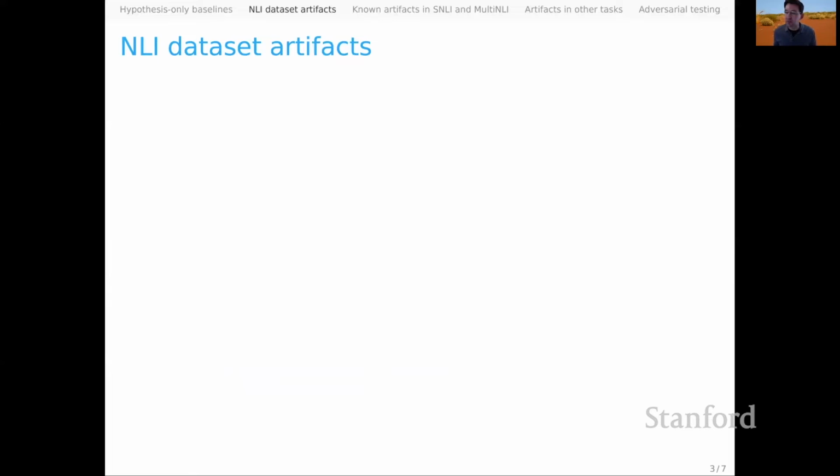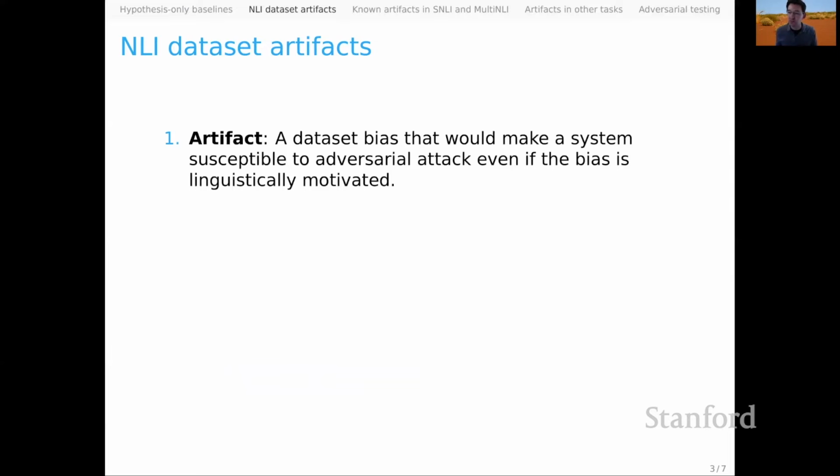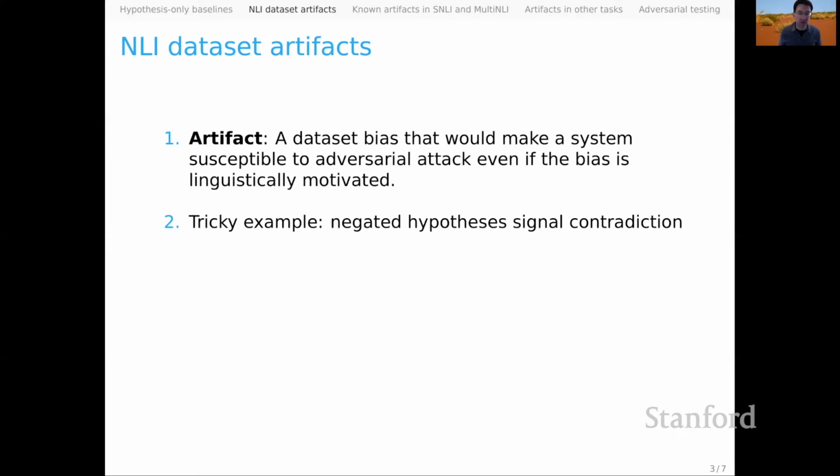Let's get a little more precise about what we mean by an artifact, because I think we need to think about this in a nuanced way. So my definition is that a dataset artifact is a bias that would make a system susceptible to adversarial attack, even if the bias is linguistically motivated. And let me give you an example that brings out the nuance there.